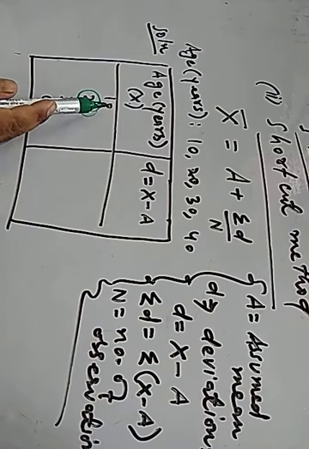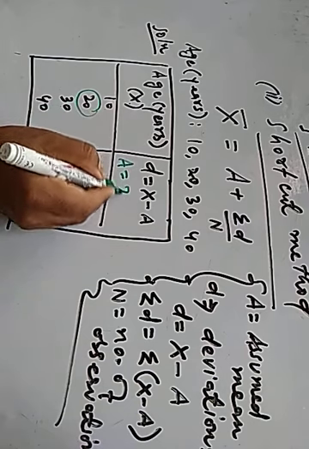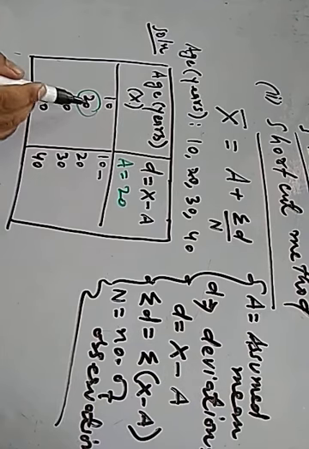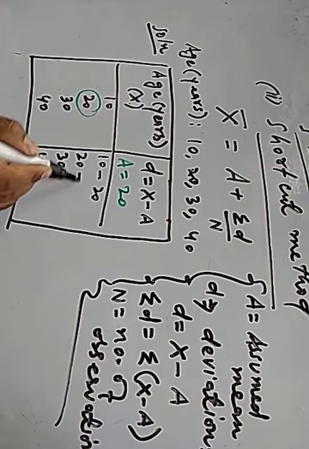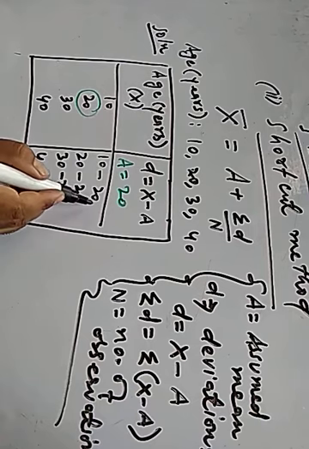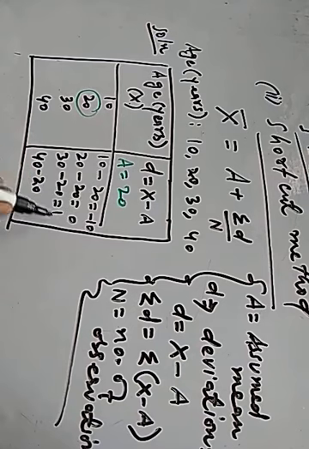You can take the assumed mean also as 10 or 30 or 40. Now the values of x are 10, 20, 30 and 40, and the value of A, the assumed mean, is equal to 20. And d will be equal to minus 10, 0, 10 and 20.